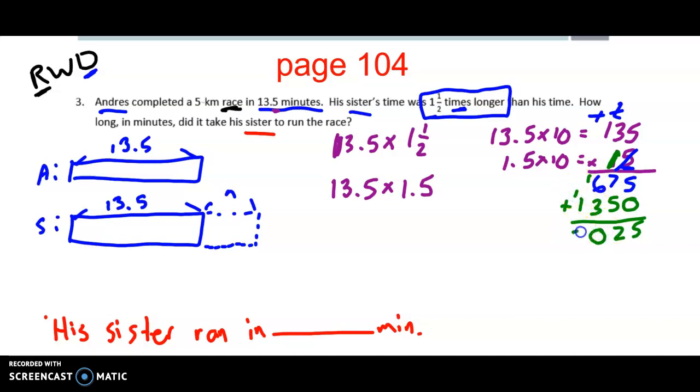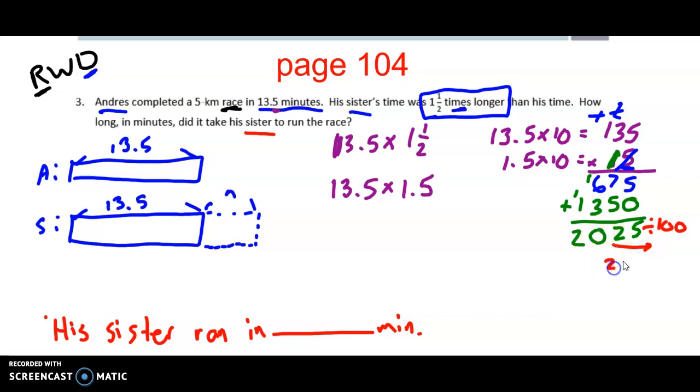Have the bundle. And now since we multiplied by 10 and multiplied by 10, we're actually going to be dividing by 100. And you could just divide by 10, divide by 10. And as we do that, put it on a place value chart, we know that we're getting smaller. So these numbers are going to be moving to the right 2 places.